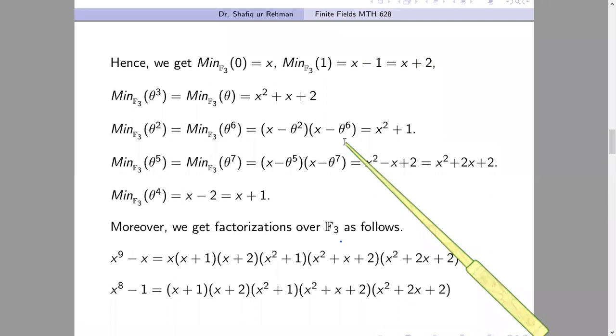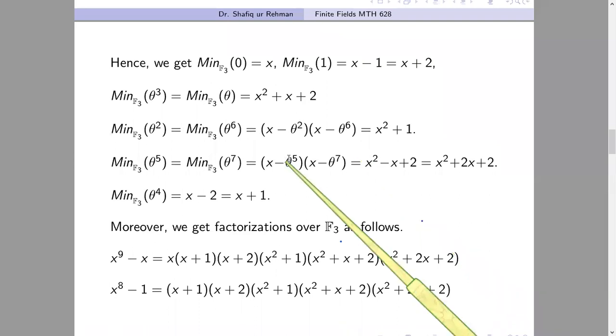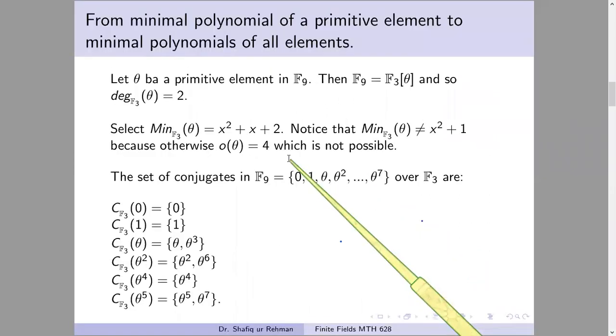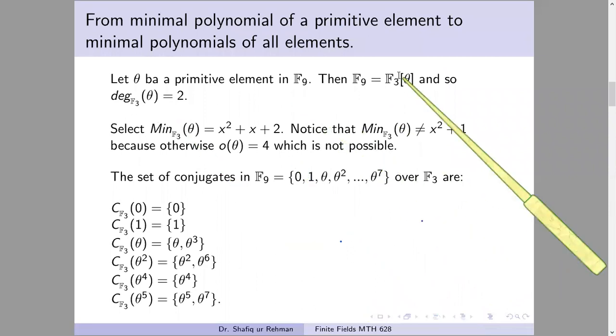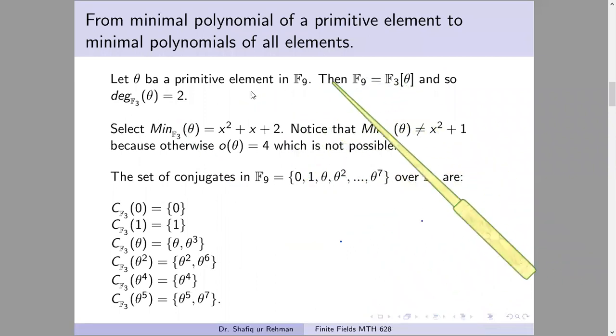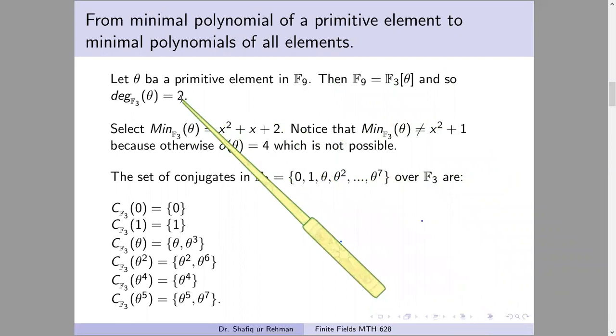And one remark here is important, in the previous slide, because a primitive element is a defining element, it must have degree equal to the degree of the field extension, that is 2. But the converse of this is not true. That is, it is not necessary that every element of degree 2 is primitive.